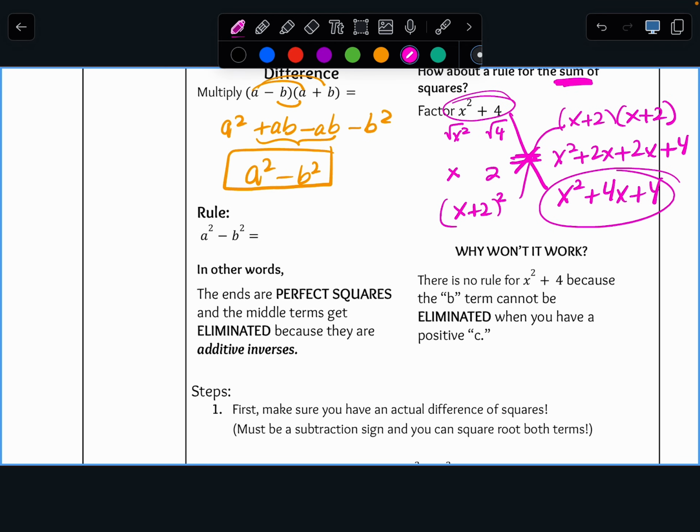There is no rule for this one because it's not factorable. It can't be eliminated when I have a positive c. But when I take the square root of both of these, I get a, and the square root of b squared is b, so then I get a minus b, a plus b.